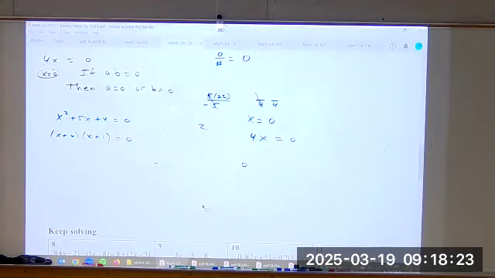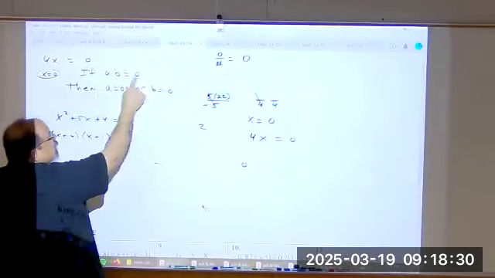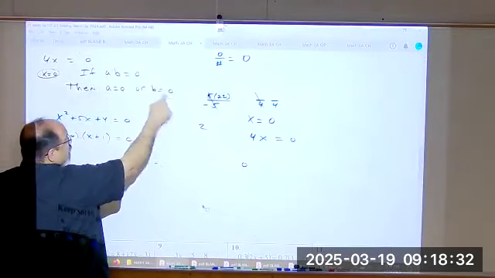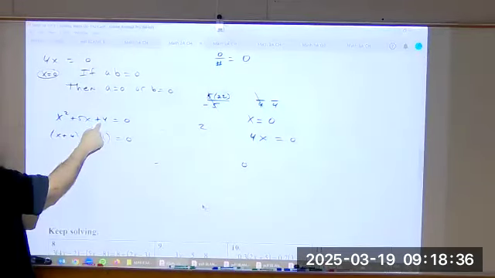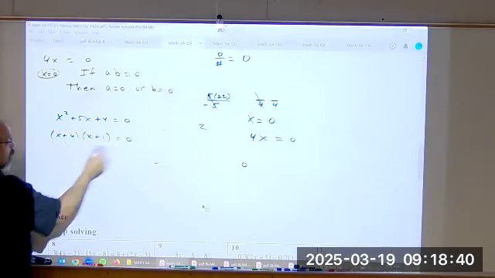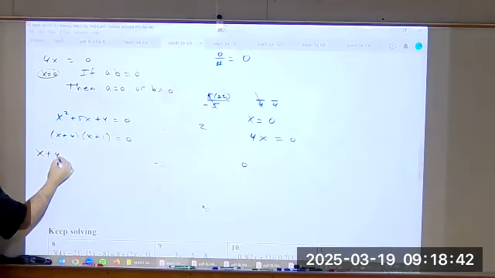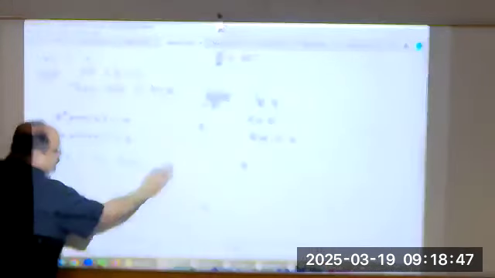That's why we factor. The only way you can multiply 2 values together and get a 0 is because one of them has to be the 0. So this is not multiplication. That's why we factor. Now, this times this is 0. So either the x plus 4 is the 0 or the x plus 1 is the 0.